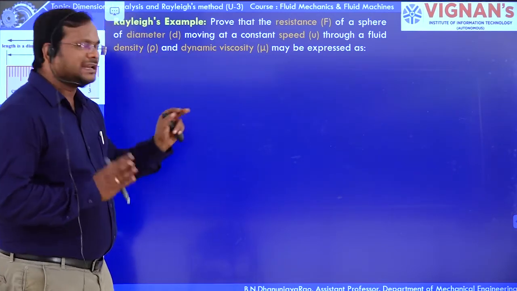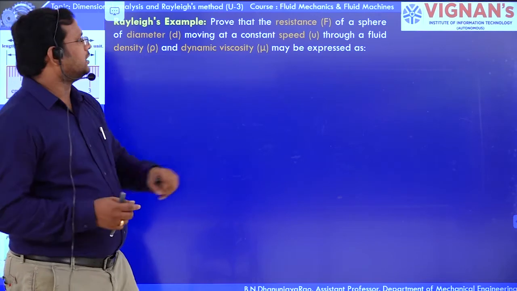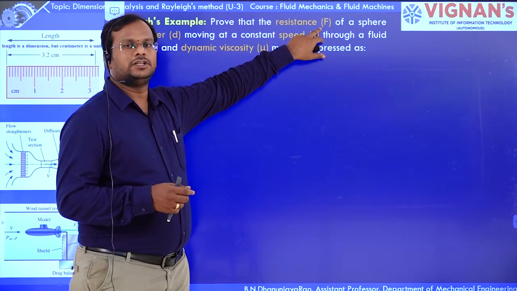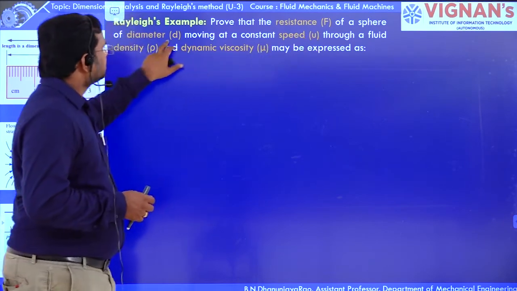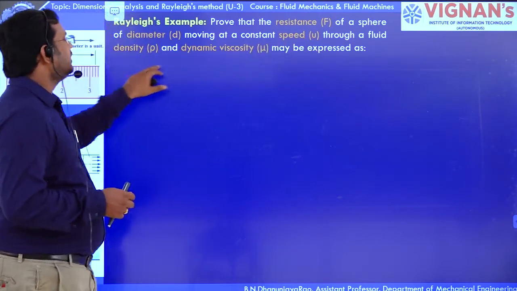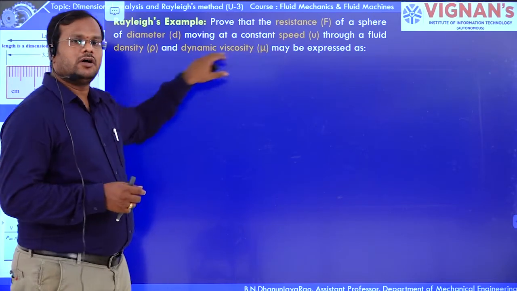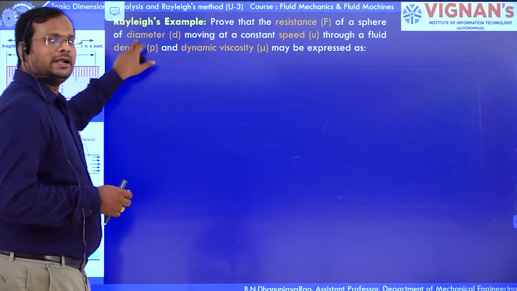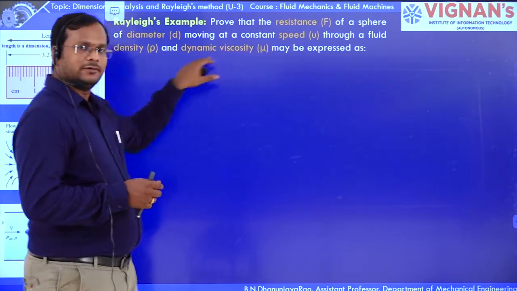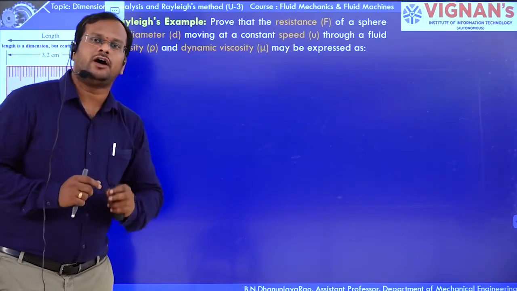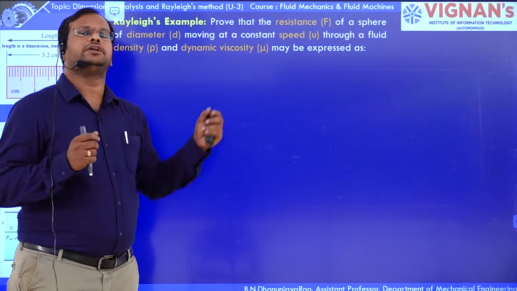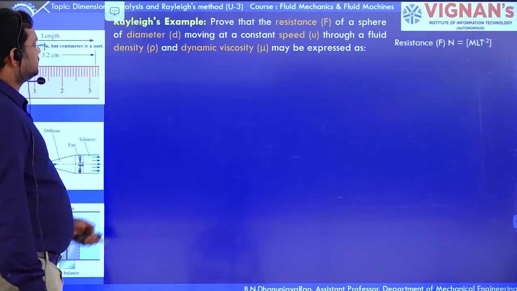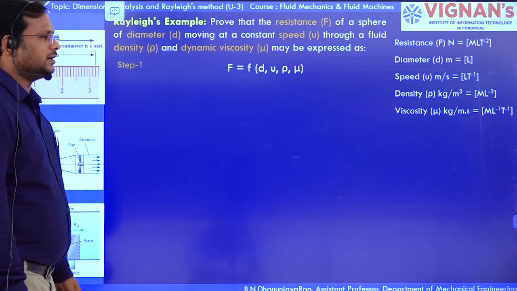In Rayleigh's method, we already said that x here is F, which depends on x1, x2, x3, x4. These are all the variables. So F is dependent on these many variables, and we need to form a functional equation using all the variables. Here it is step 1.